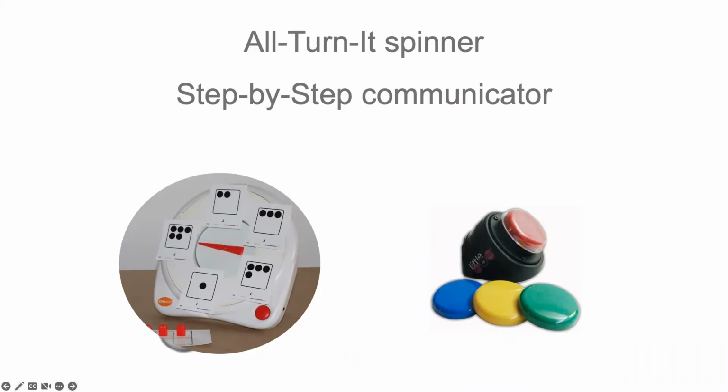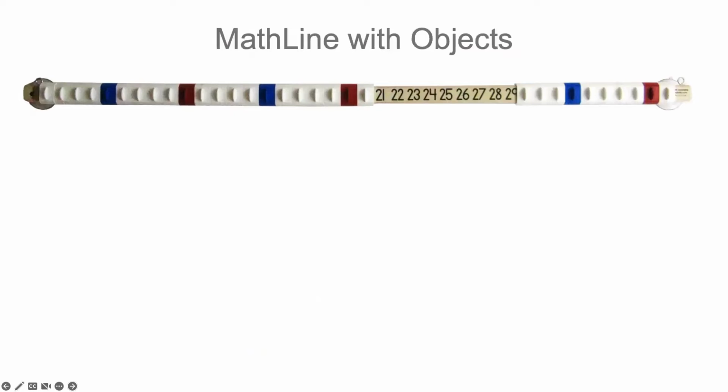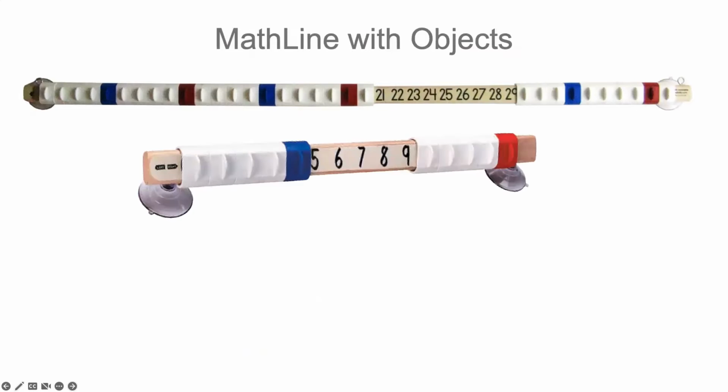Students activate the message by pushing the button, and after the first recording plays, the next message is activated by pushing the button again until it cycles through all of the recorded messages. This is a very useful tool for rote counting, skip counting, having a conversation, or when completing activities with multiple step directions.